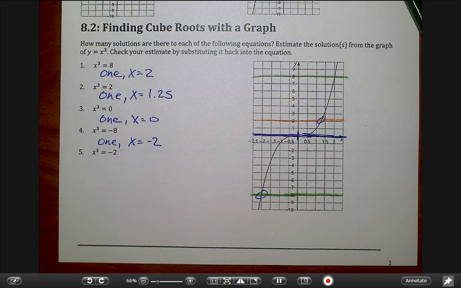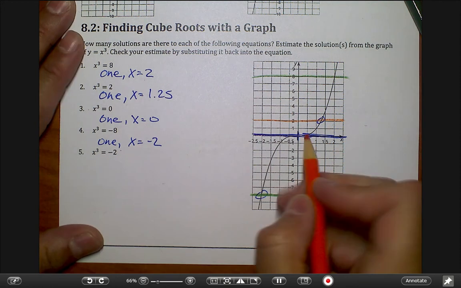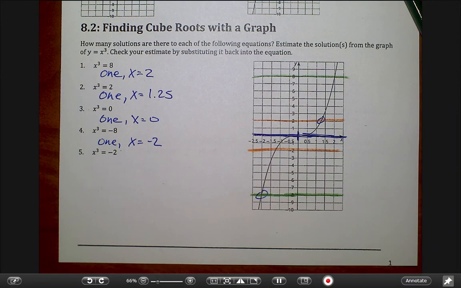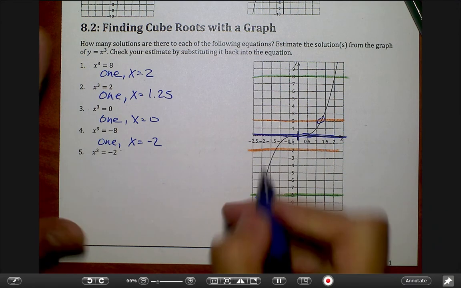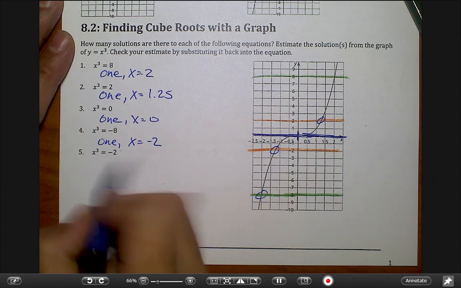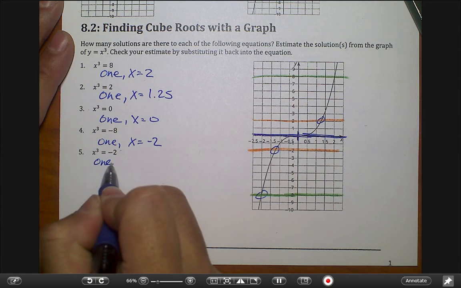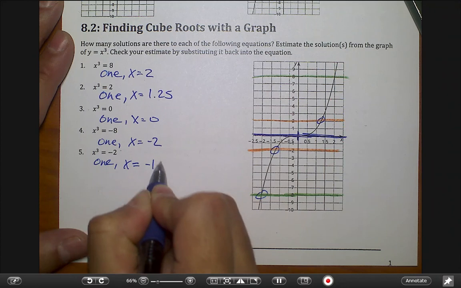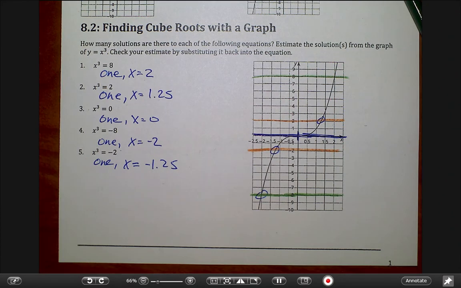And my last one is negative 2. Put a line right here at negative 2. How many solutions? Only one solution. X equals negative 1.25. Okay.